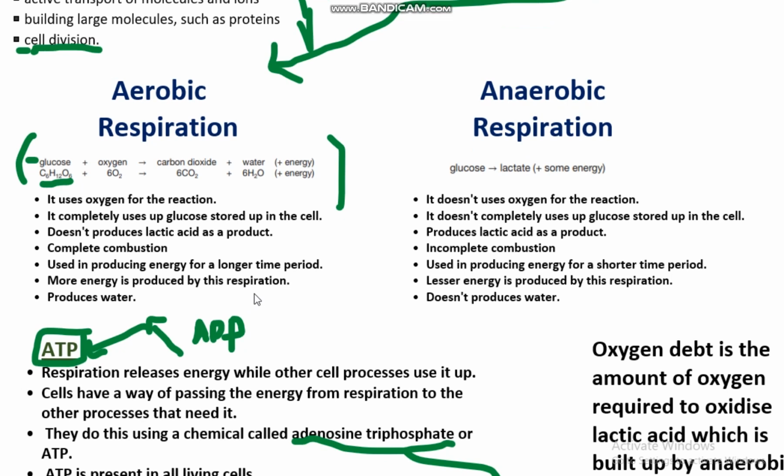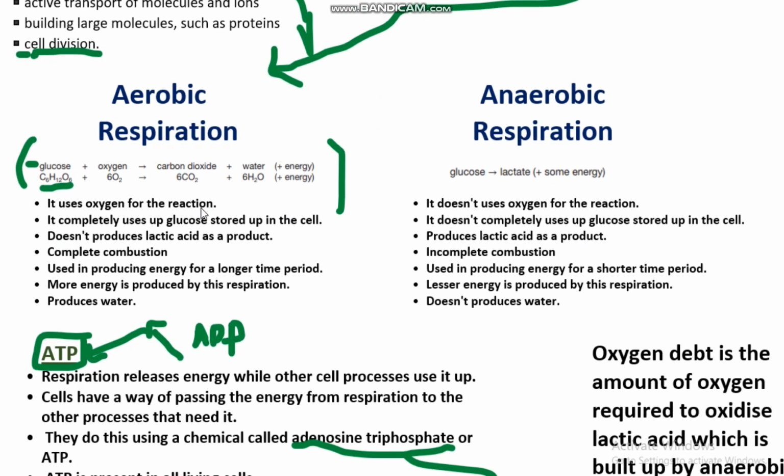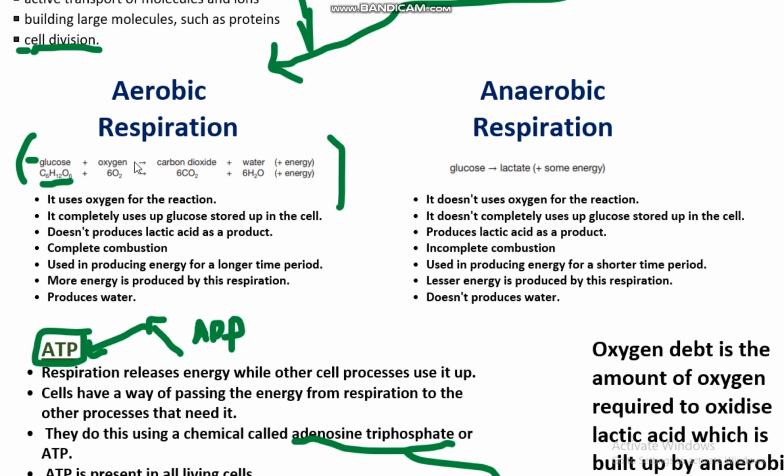Now I'll talk about aerobic respiration. Aerobic respiration requires oxygen for the reaction. This oxygen helps in oxidizing glucose, so it completely uses up the glucose stored in the cell. It means that there is a complete combustion.